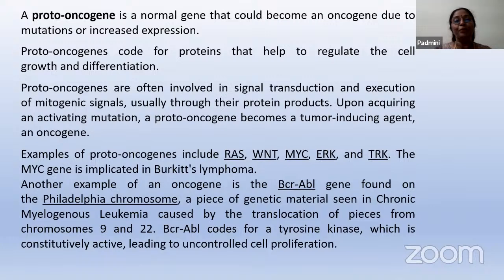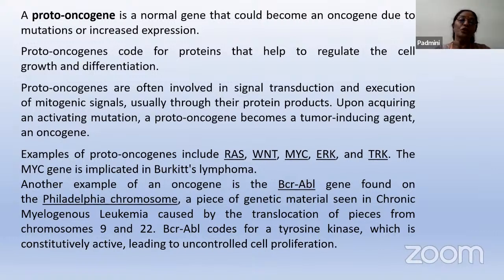Now, what do you mean by a proto-oncogene? We are talking about proto-oncogenes and tumor suppressor genes, so we are going to first talk about what a proto-oncogene is. A proto-oncogene is a normal gene that could become an oncogene due to mutations or increased expression. So we all have proto-oncogenes, which are normal genes in us, but due to various changes in the cells, that can lead to increased expression of the oncogene.